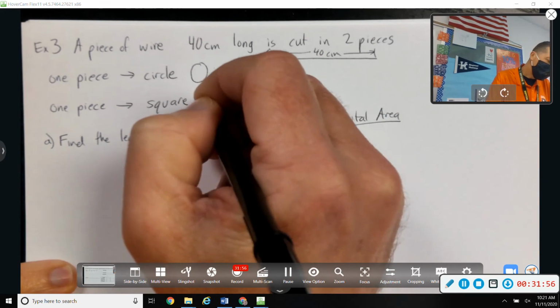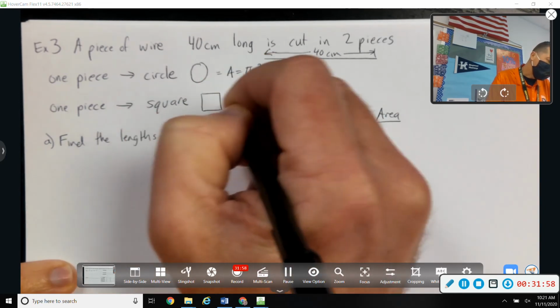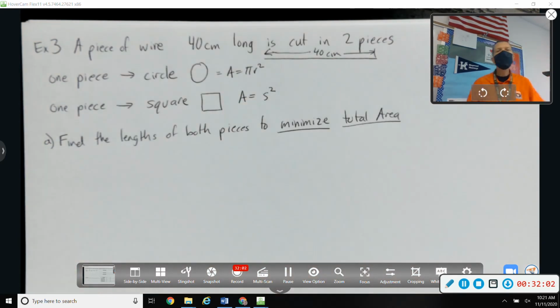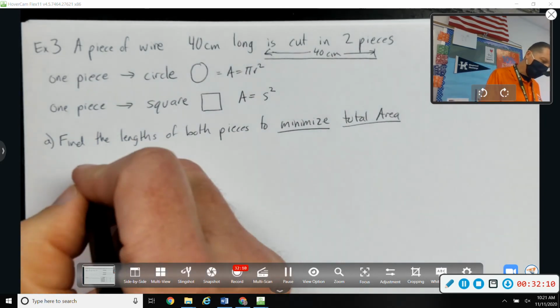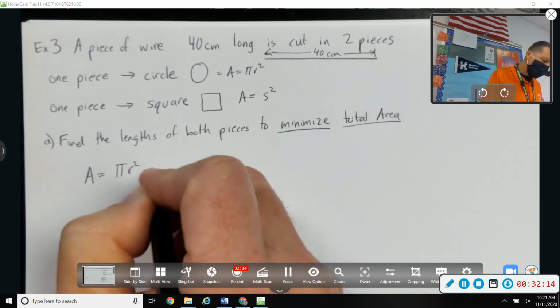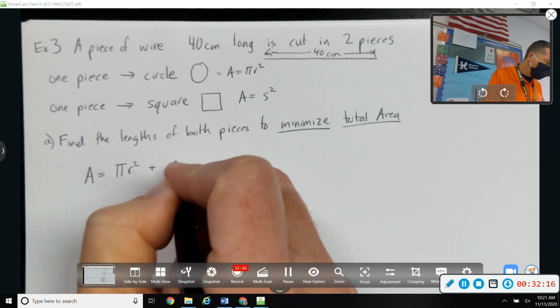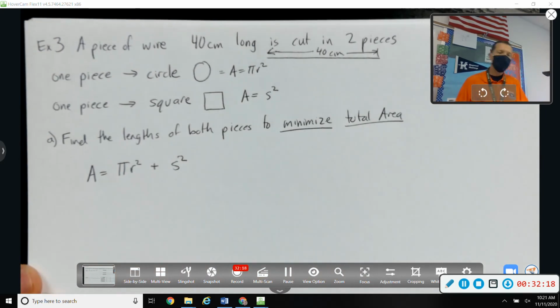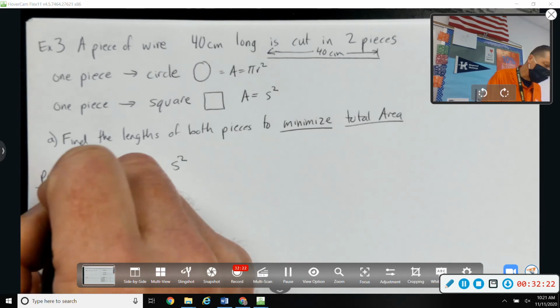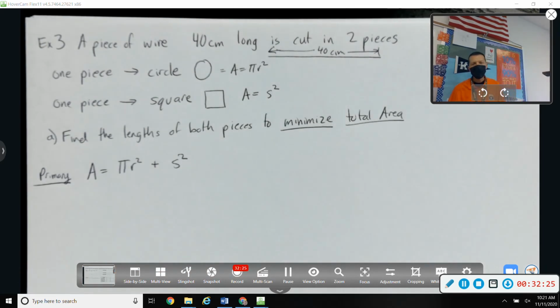If we make it into a square, that area is side squared. And the total area then would be pi r squared plus s squared. So that's our primary equation. That's the one we want to take the derivative of, but not yet because we got r's and s's in there.